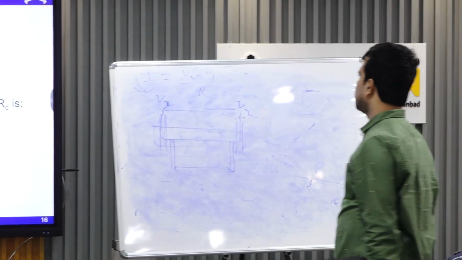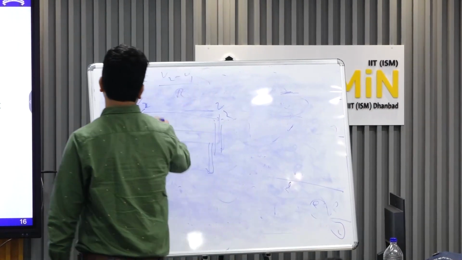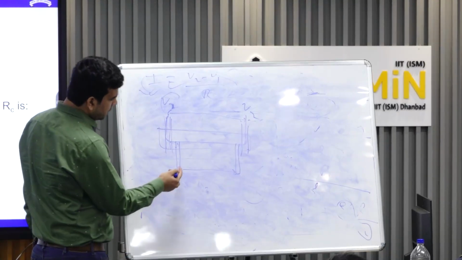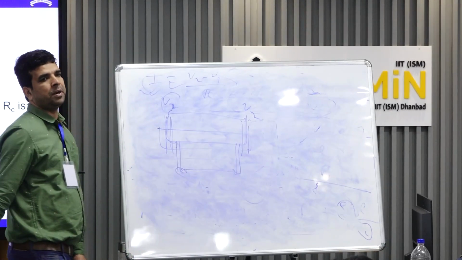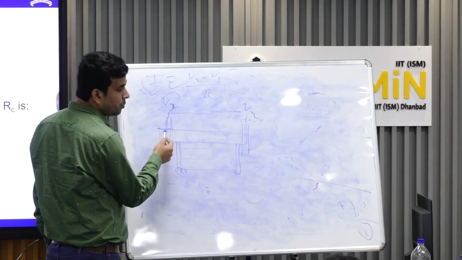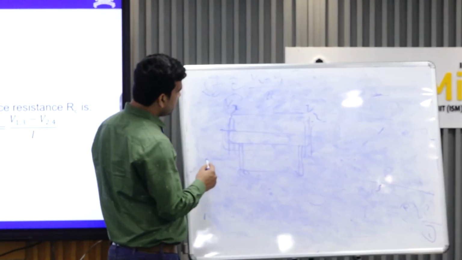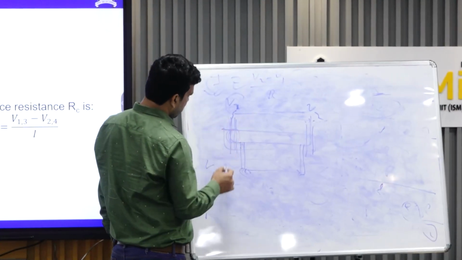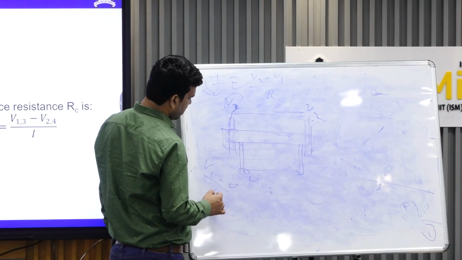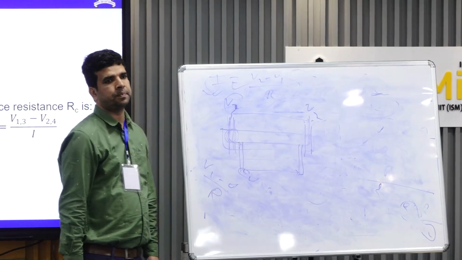This voltage is known, and this voltage I can measure in high impedance mode. So the resistance of this area, which will be your contact resistance, is this V1 minus this V1 prime divided by I.